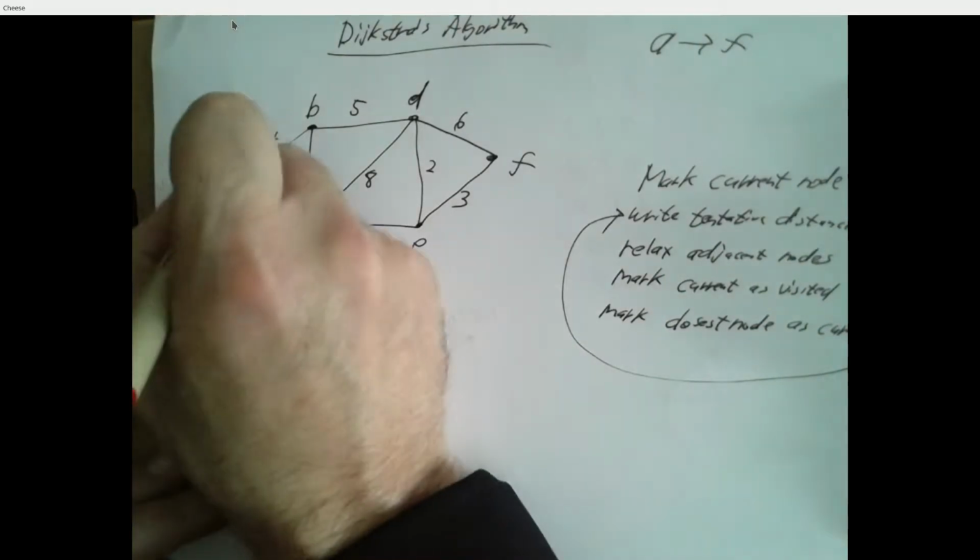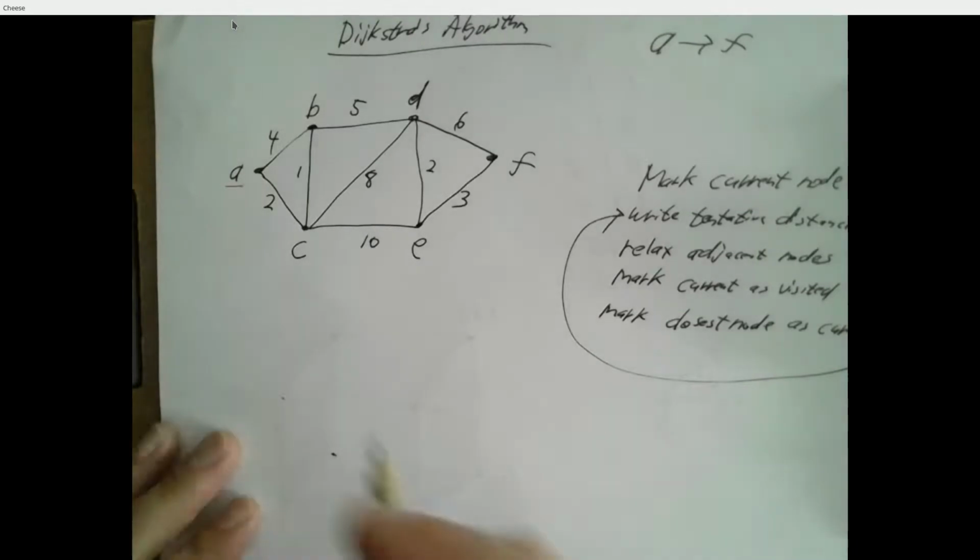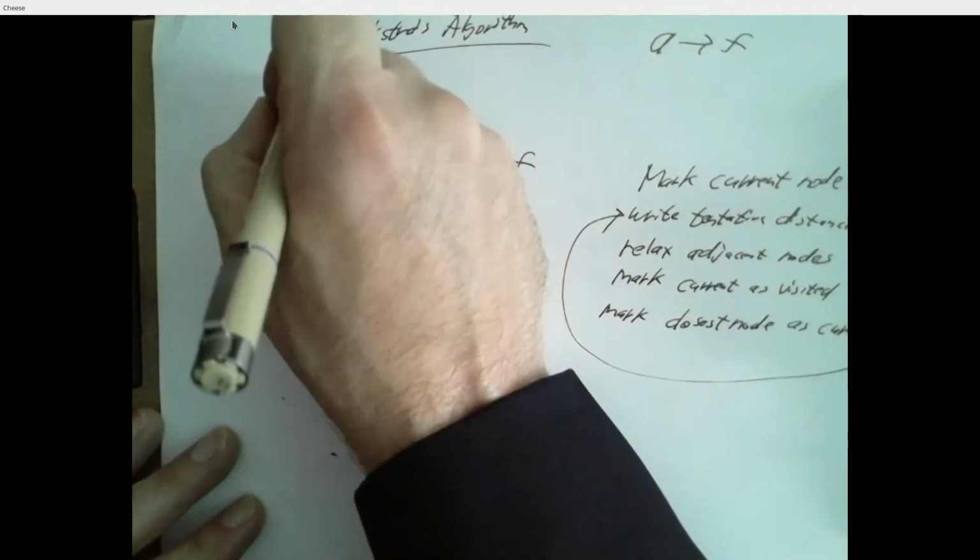Okay, so let me do some steps to explain what this means. So we're going to start off with a current node of A. So I'm going to underline that. And I'm going to write down tentative distances before we've done everything. Well, we know that we can get to any vertex in an infinite number of steps.